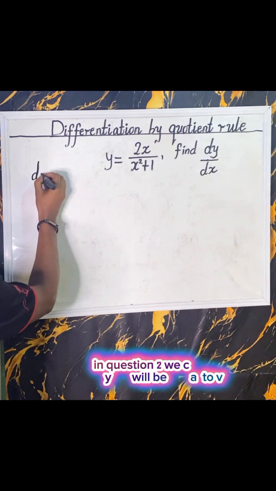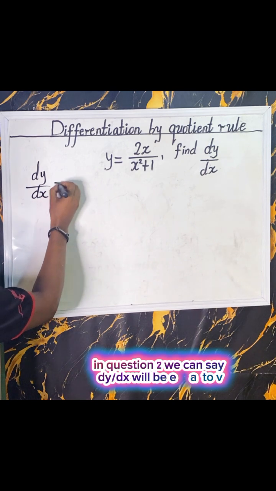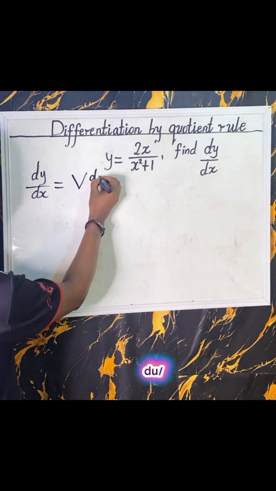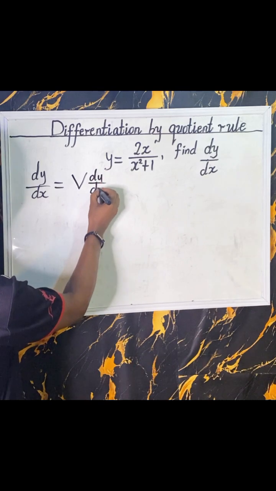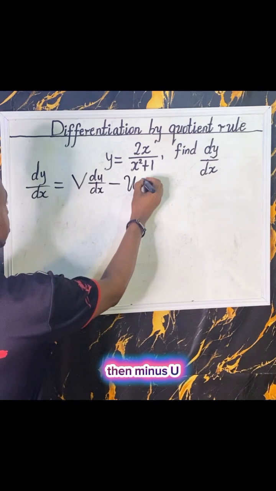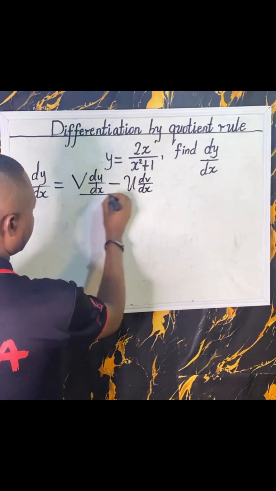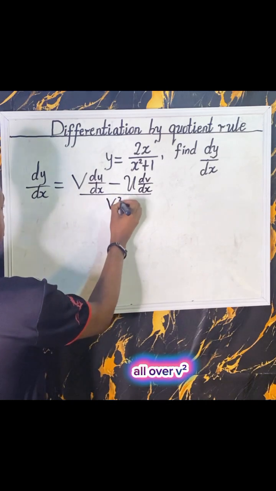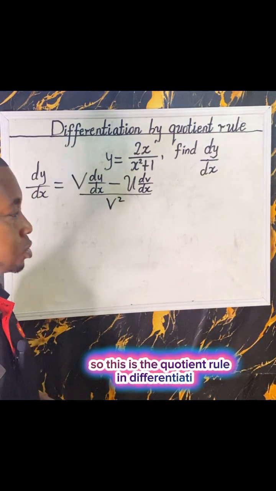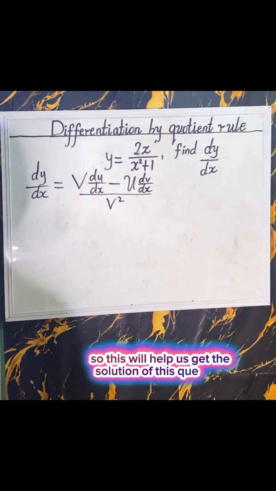In quotient rule, we can say dy over dx will be equal to v du over dx, then minus u dv over dx, all over v squared. So this is the quotient rule in differentiation. This will help us get the solution of this question.